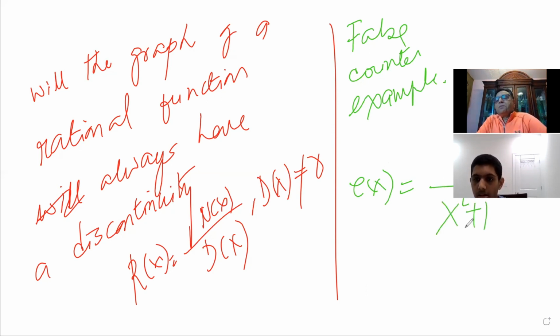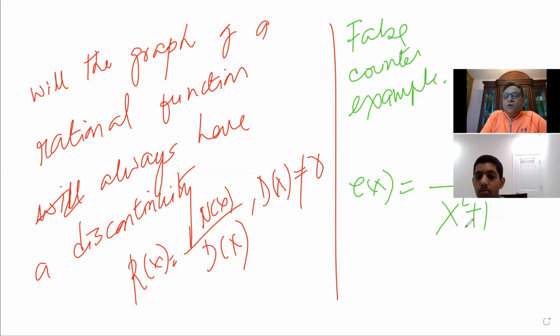If I have x squared plus 1 in the denominator, will it ever be 0? No. Never. x squared plus 1, both are positive, right? So it is always greater than 0. And therefore, it never crosses the x-axis, and its reciprocal will never have a vertical asymptote or a discontinuity. You get the idea?